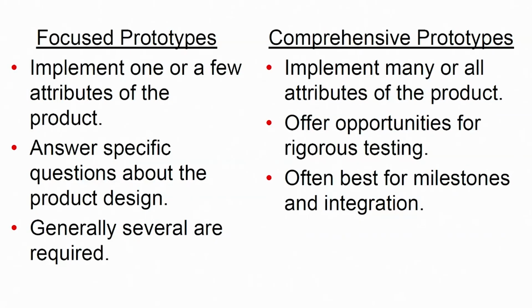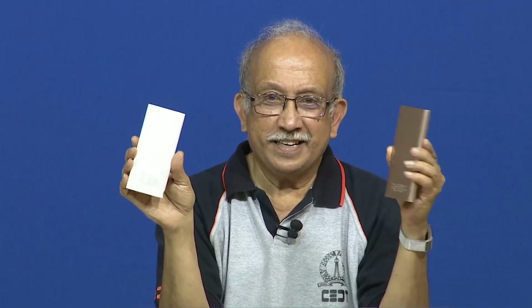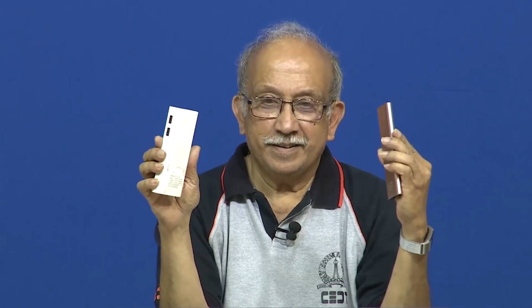I will try a sample. I hope I brought it along today. I think you know what these are. Both are backup batteries, also called some storage, or I do not know what is the name that is given to it, saying you can charge it.